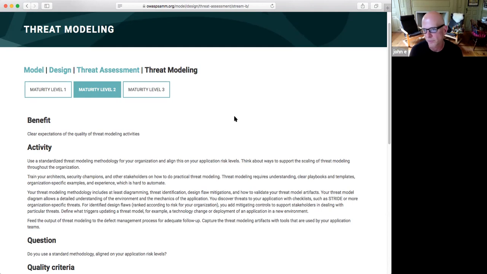Or if you're building a specific feature in something that's already existent, you can focus just on that component. And then, as the person running the session, or whatever your role might be, you can quickly ask the question, is that in scope, to keep it contained to that area, because you can go down that rabbit hole and start to threat model well beyond the scope of whatever you're building.